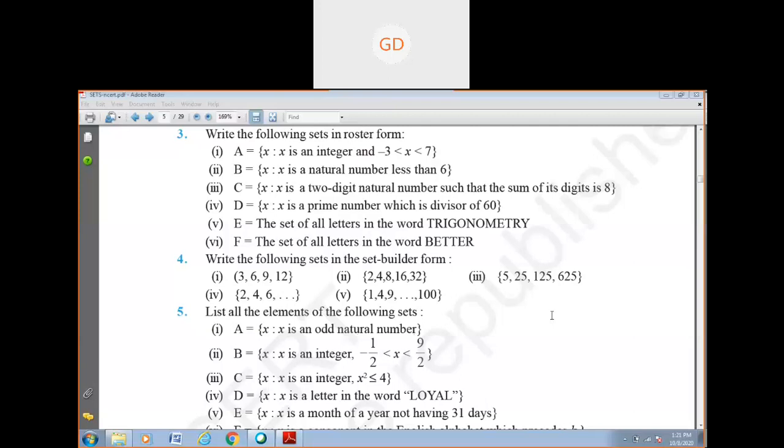So that's all about its set builder form.